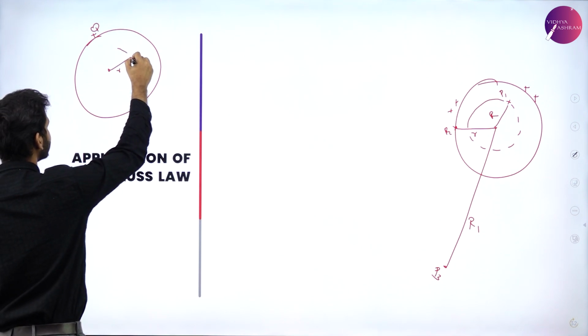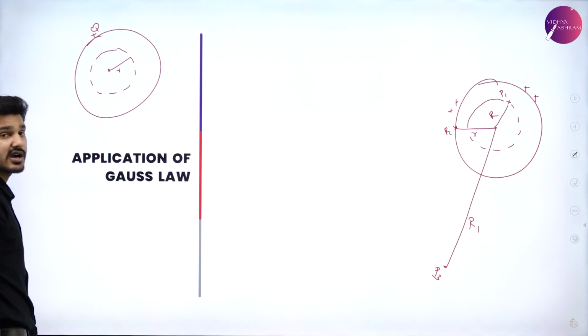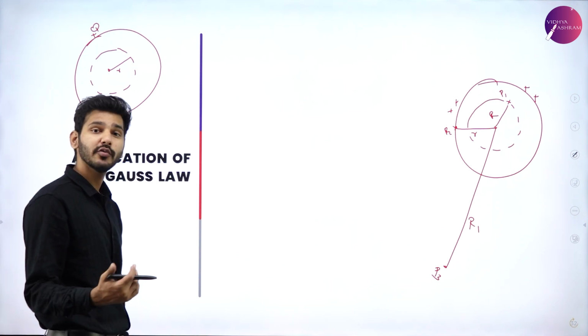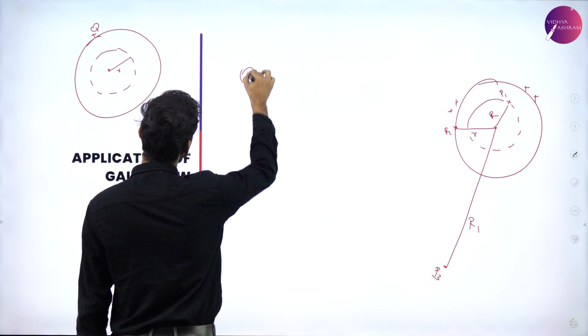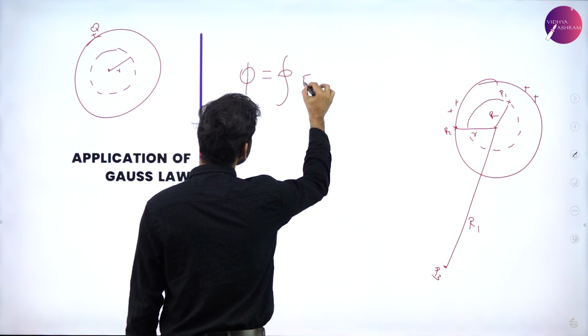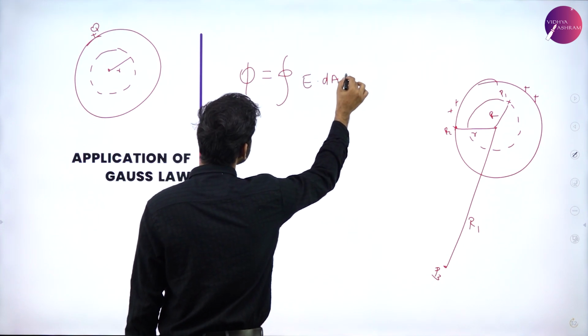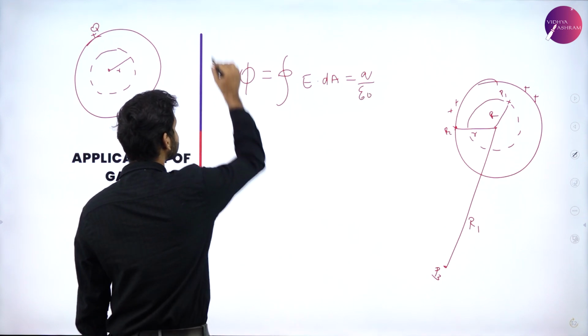And we considered a Gaussian surface. Now we are going to apply Gauss's law, which simply states that phi is equal to the closed surface integral E dot dA is equal to Q by epsilon naught. And this is case 1.